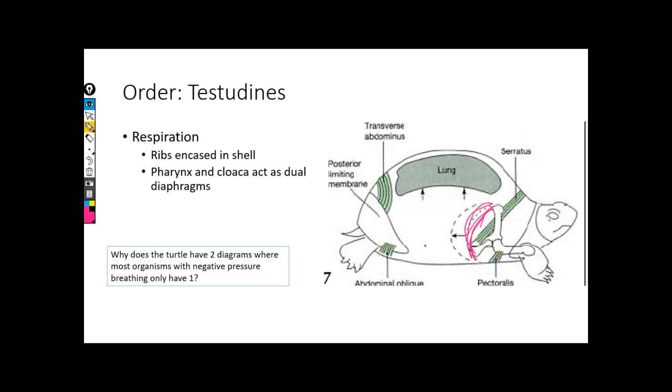It's about where you would still think it would be, more or less the top half of their body. They also have a second diaphragm. All do. Basically, their cloacal diaphragm.